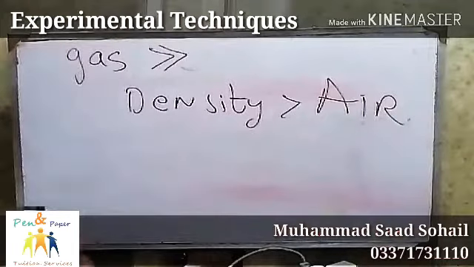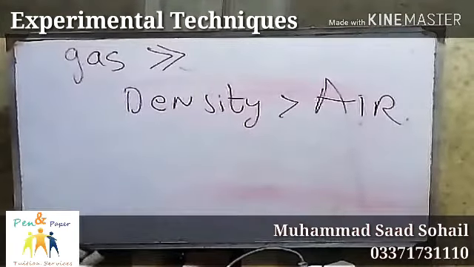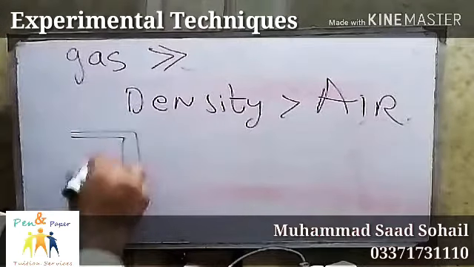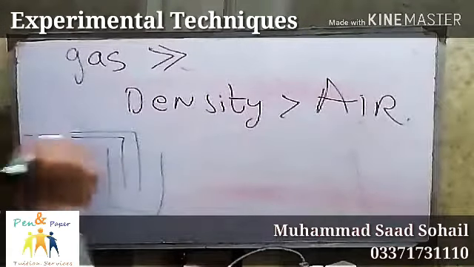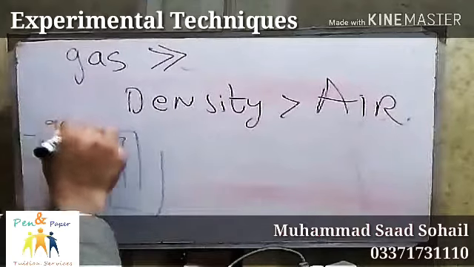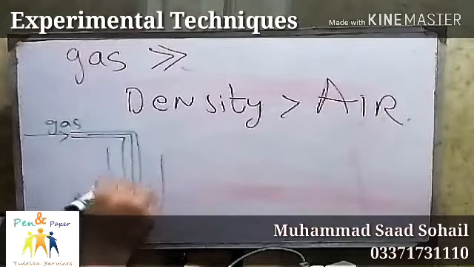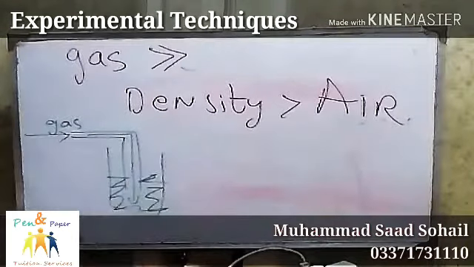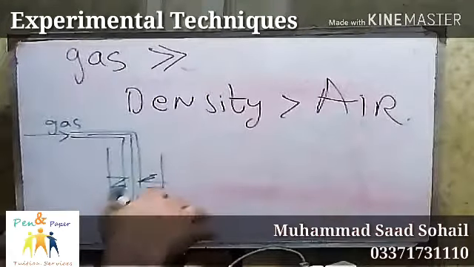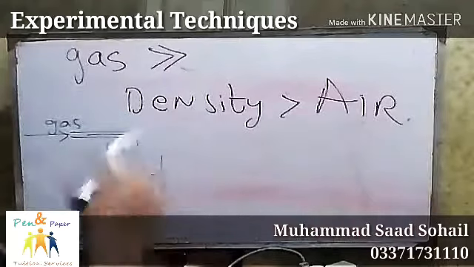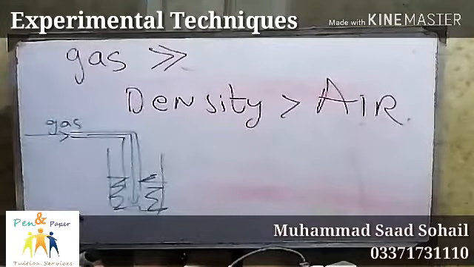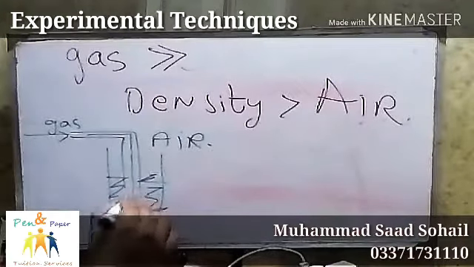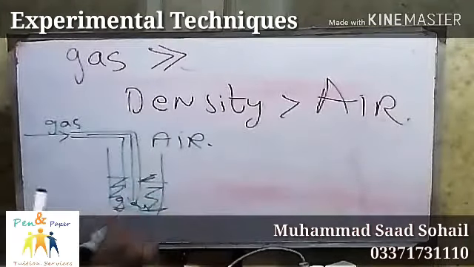What you can do is collect this gas with the help of a downward delivery tube in a gas jar, because when the gas enters from this side, it would collect here and stay in this region, right? Because it is more dense than air, air won't be able to push it outside of the gas jar, because here air is outside and the gas would be inside.